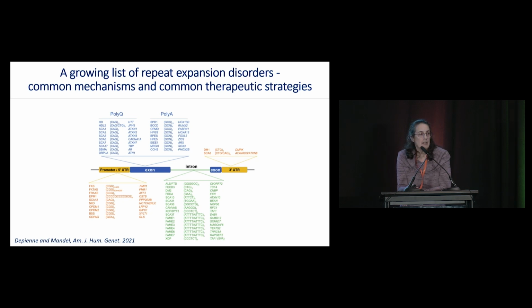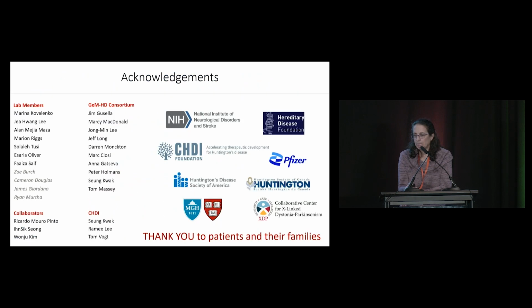So this potentially provides an opportunity to intervene in many of these diseases by targeting the root mutation. And with that, I'll say thank you for your attention, to funders, patients, and families, and my lab and collaborators.